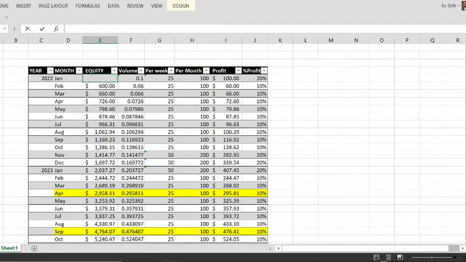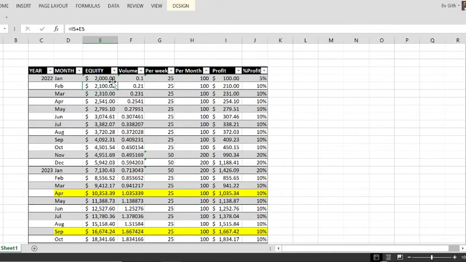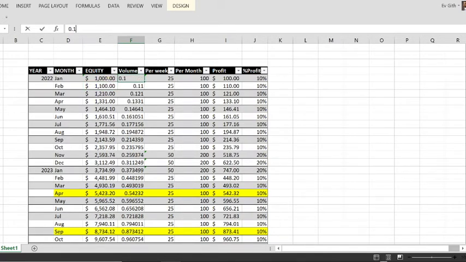Okay, let's say I put an equity of $2,000, and then I'm able to risk to make 25 pips, and this has a volume of, let's assume, 1,000, and I increase the volume times 2.